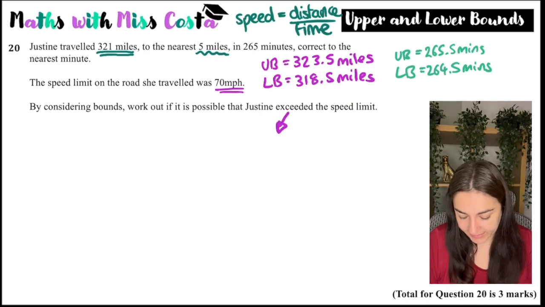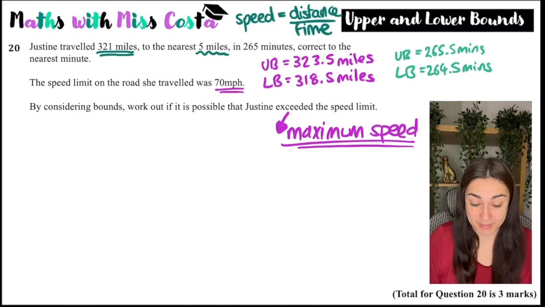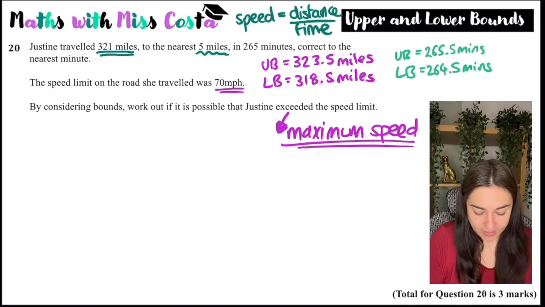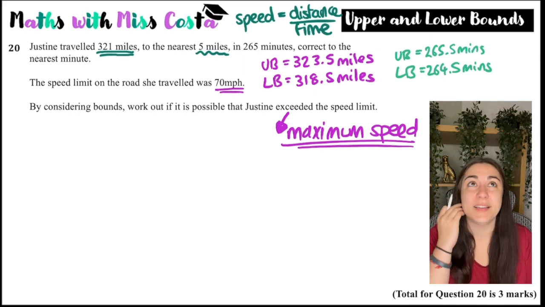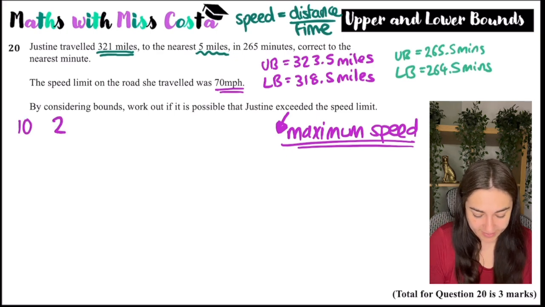So if she exceeded it, then she needs to have been driving at the maximum speed, okay? And how do you get the maximum speed? If this doesn't intuitively make sense to you, then just pick two random numbers. So let's say 10 and 2. That would be the max and that would be the minimum.